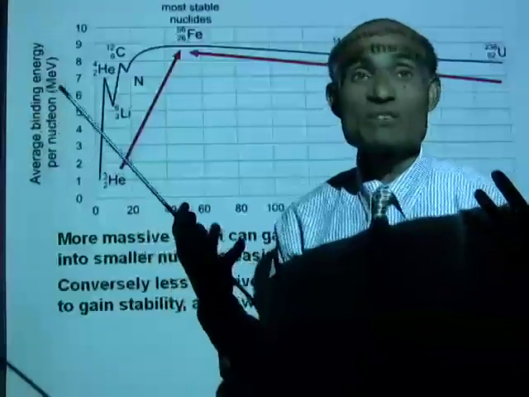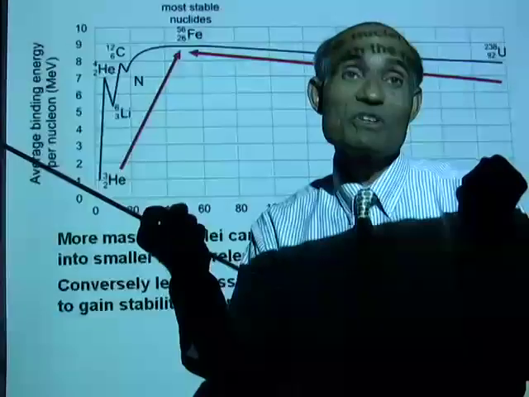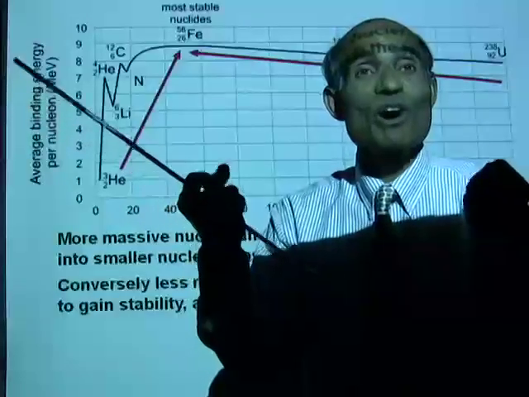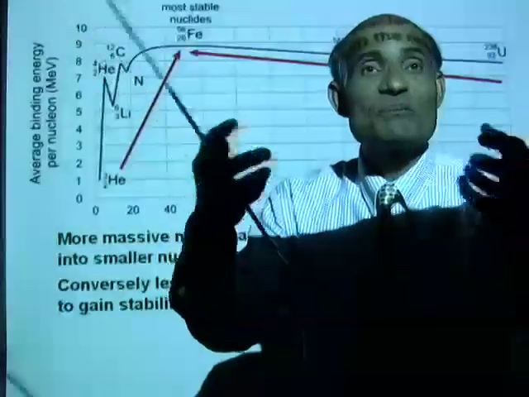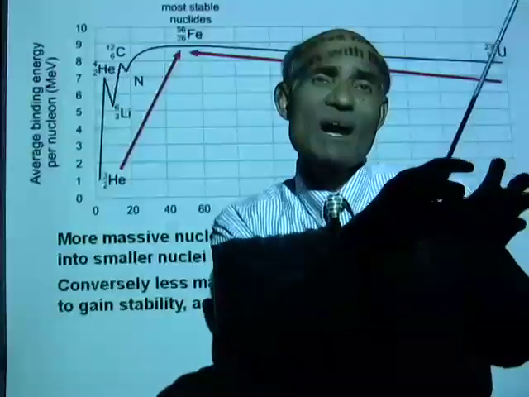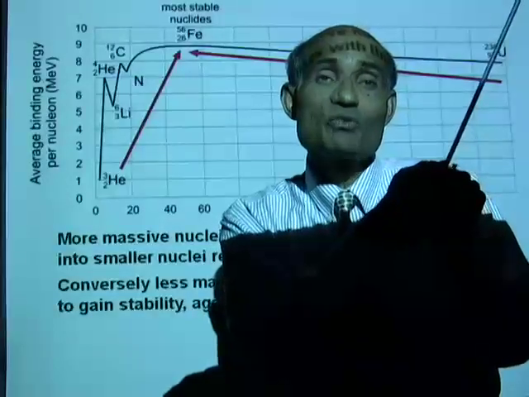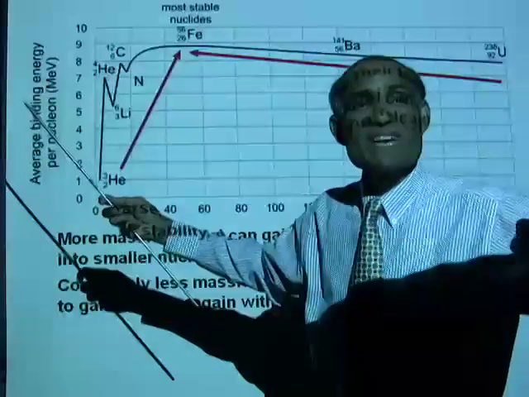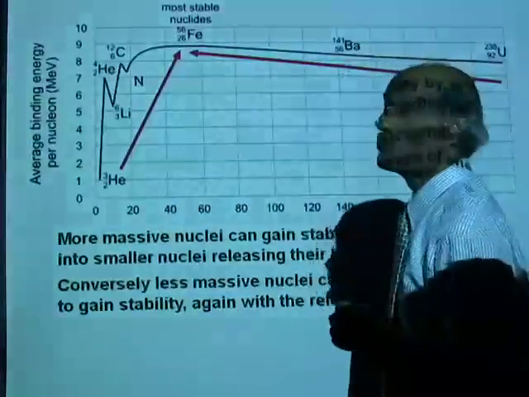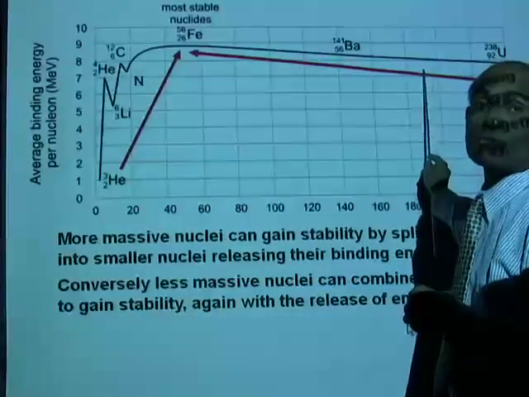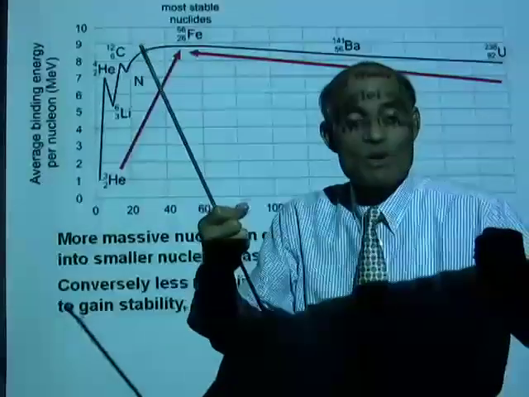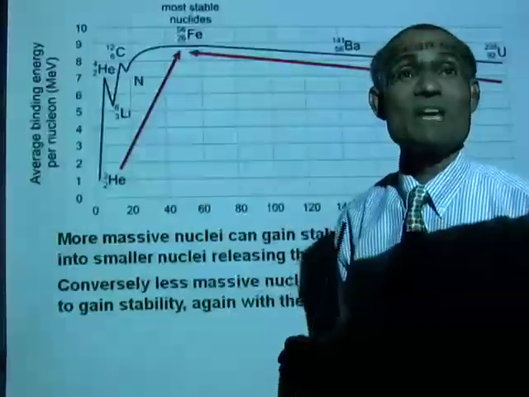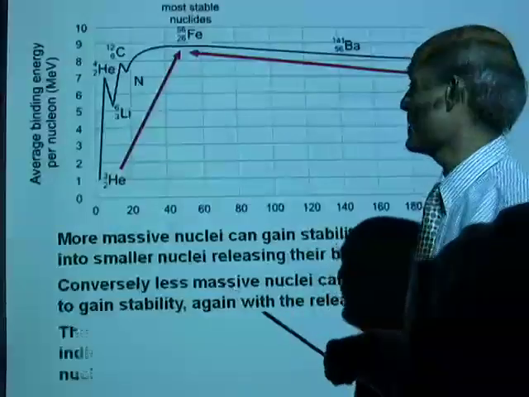So both these, fusion and fission, are actually processes of releasing the binding energy. When small nuclei fuse together to form bigger nuclei, the equivalent energy is released. When very heavy nuclei on the right split into smaller pieces, again the binding energy is converted to energy.